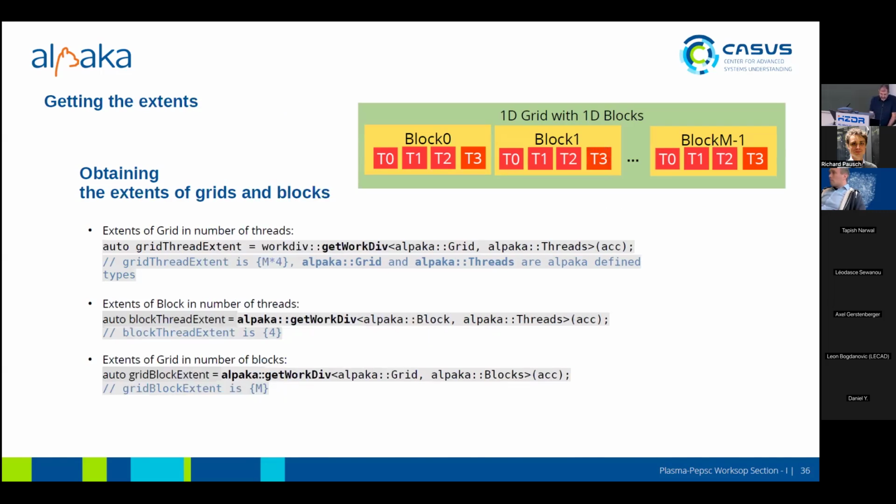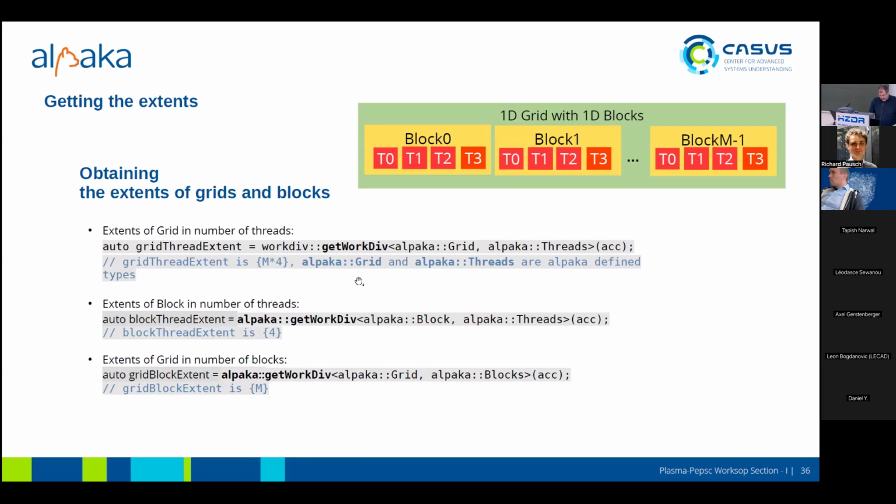Obtaining extents in the kernel is also easy. We are just using a function named getWorkDiv. If grid and thread types are used, then we are going to get the extents of the grid, and the unit will be threads.